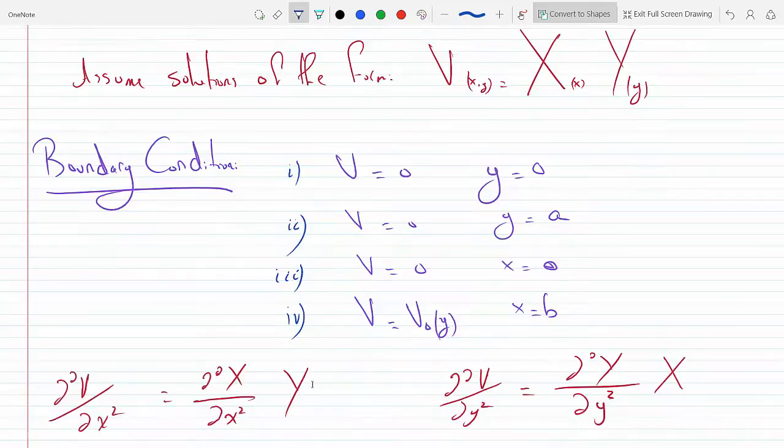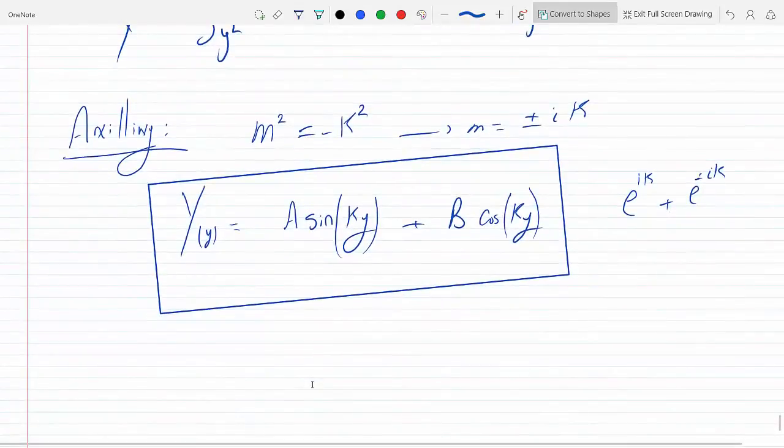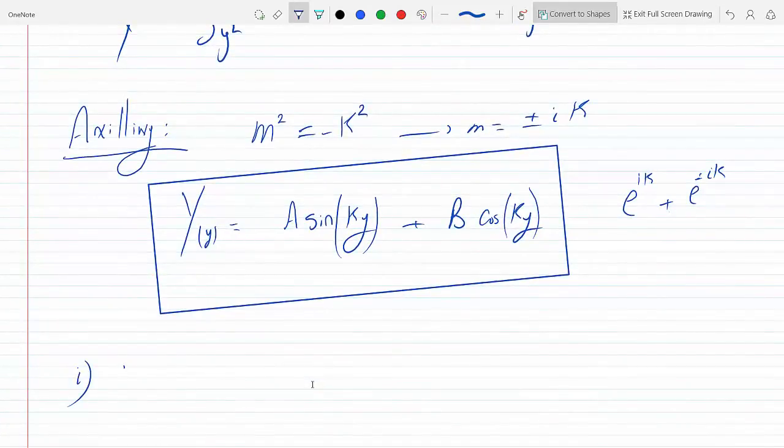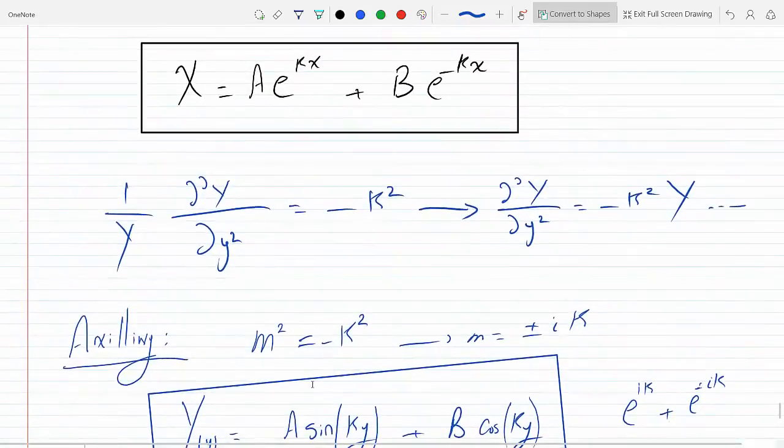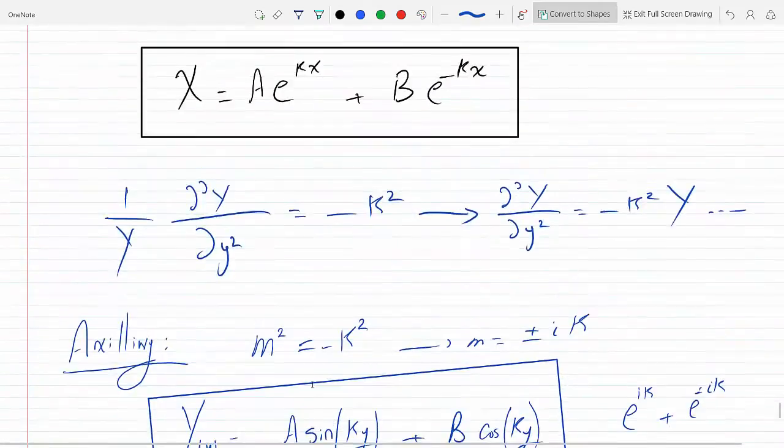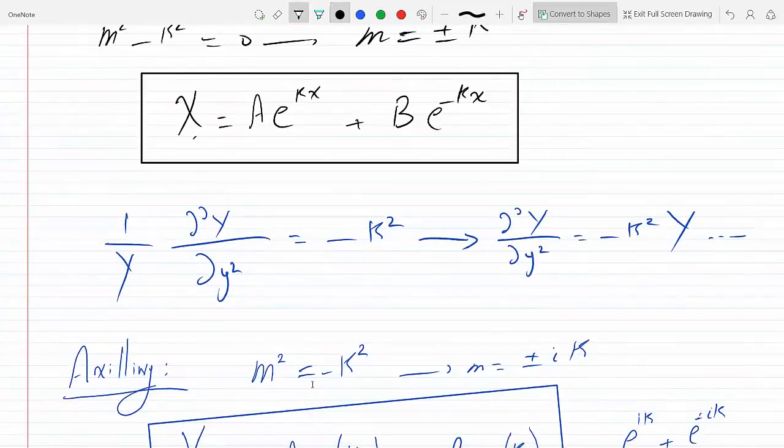The first boundary condition says v has to be 0. Remember what v is: v is the product of these two, a function of x and a function of y.